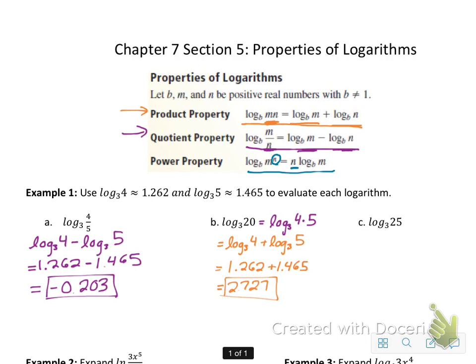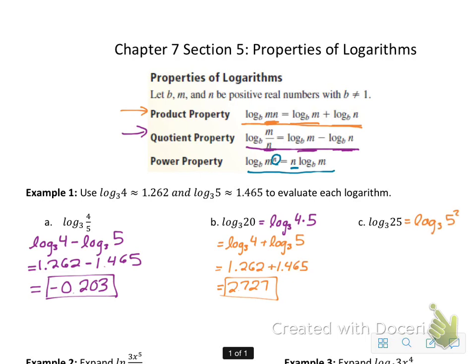Now for C, we have 4 and we have 5. How can you make 25 with 4 and or 5? That's what I'm going to ask you when you come to class, right? And 25 has no 4 in it. It only has two 5s. In other words, 5 squared. So I'm going to rewrite this as log base 3 of 5 squared.